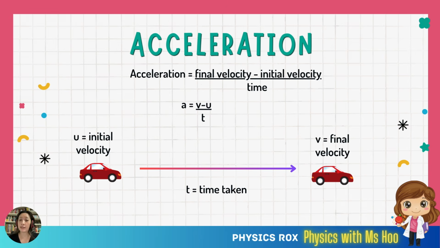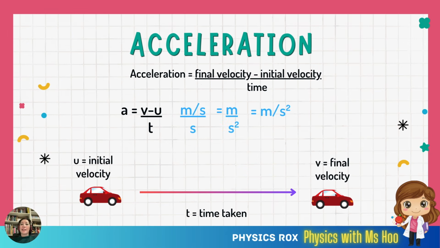V is the final velocity, which is the ending velocity of that particular motion that we're observing. And t is the time taken for this change in velocity. That means the time taken for the object to change the velocity from u to become v.